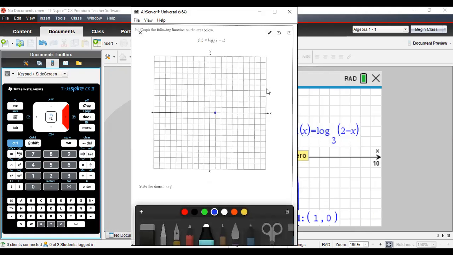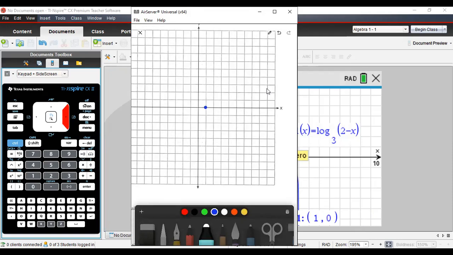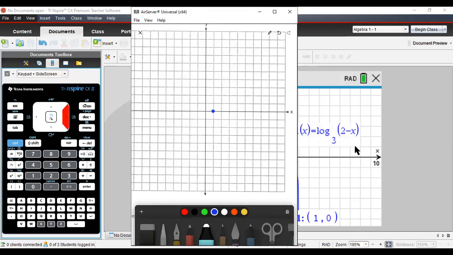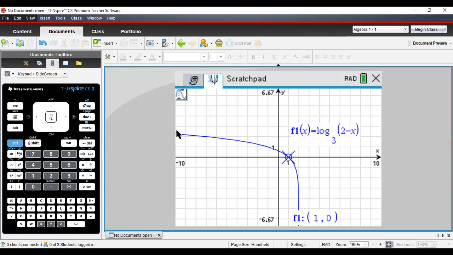I'm going to go to the left, so I'm going to put in -1 for the x value, and that means the y value is going to be a positive 1. So that's going to be another point that we can put in there.